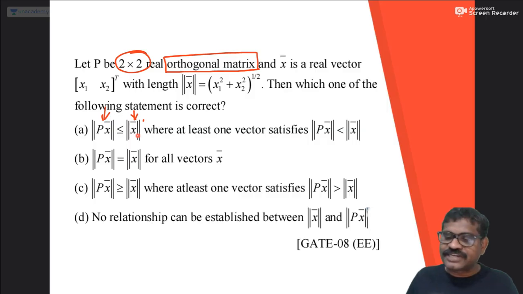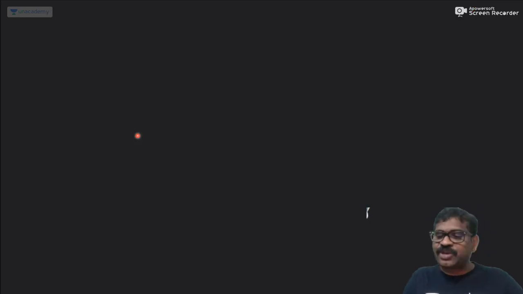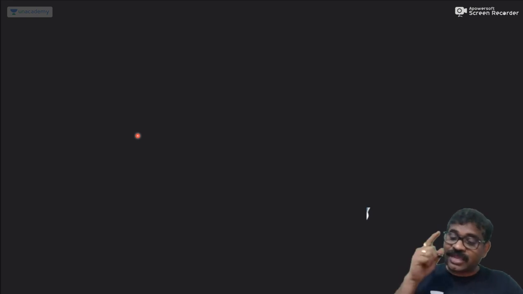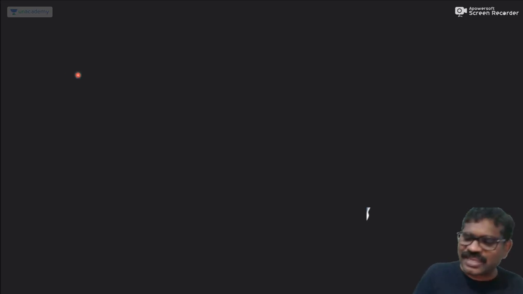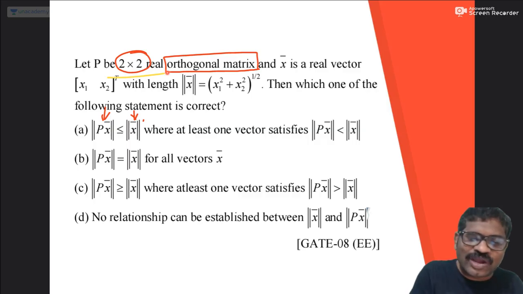Concentrate. I have given you one beautiful example of an orthogonal matrix. Remember cos theta, sin theta. That is the standard orthogonal matrix. That's why he has mentioned clearly 2 cross 2.